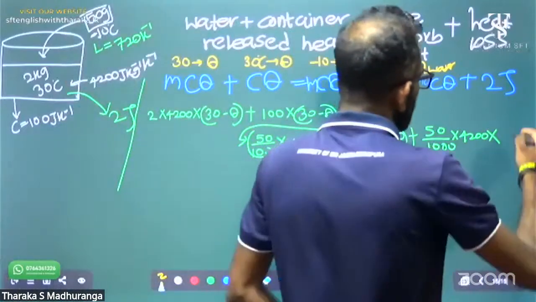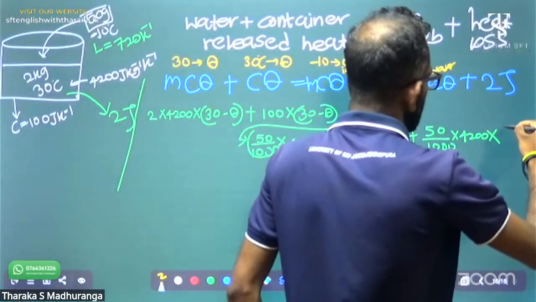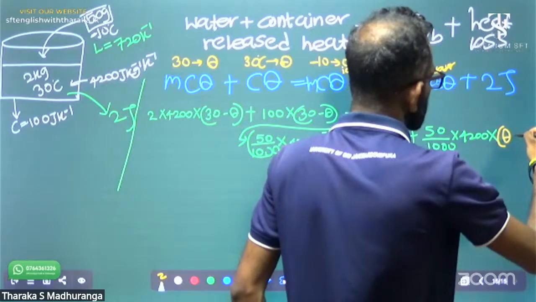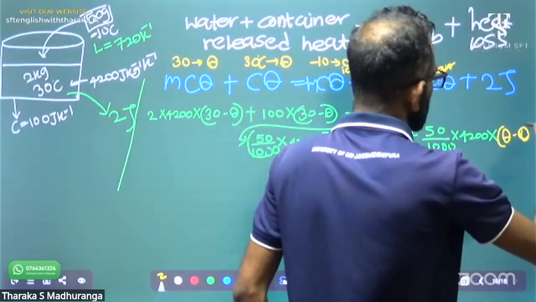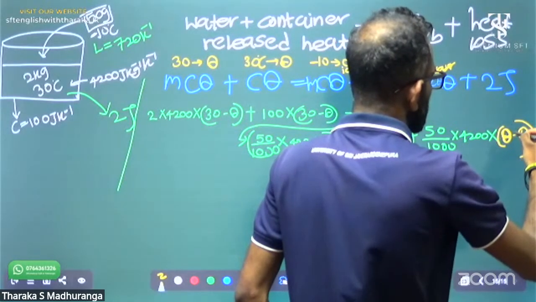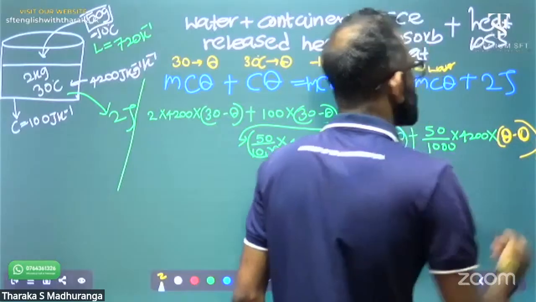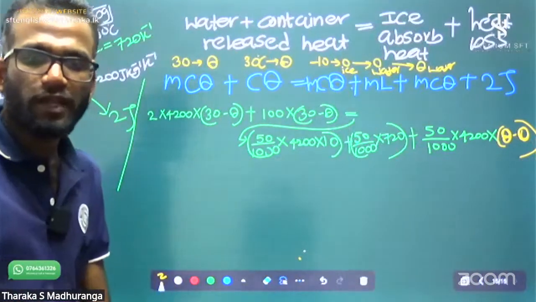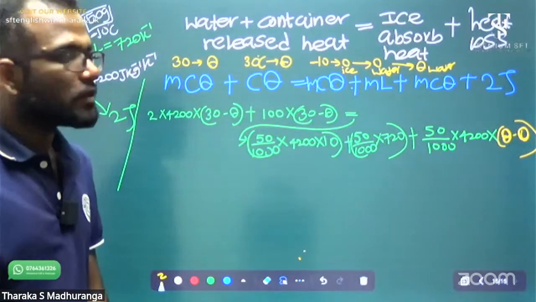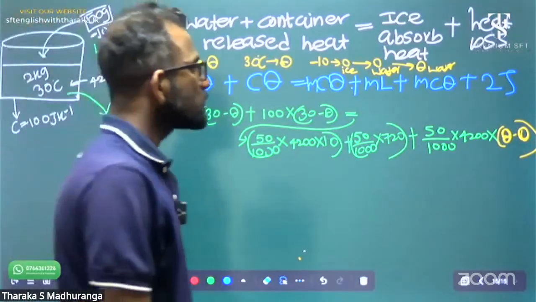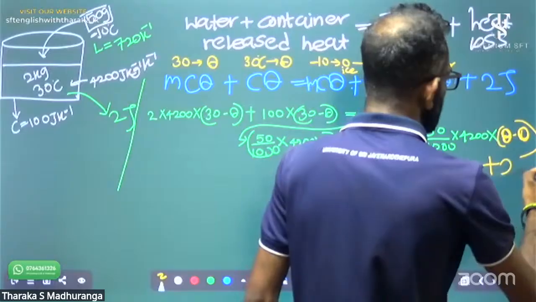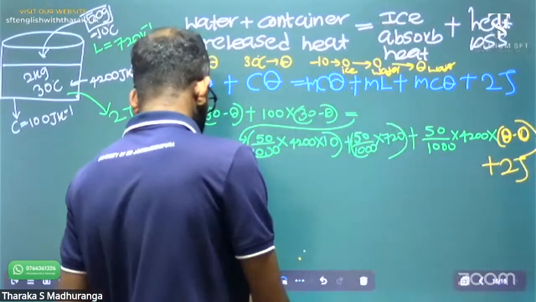Now for theta water, it is theta minus 0, because theta is greater than 0. That's why I got theta minus 0 plus 2 joules.